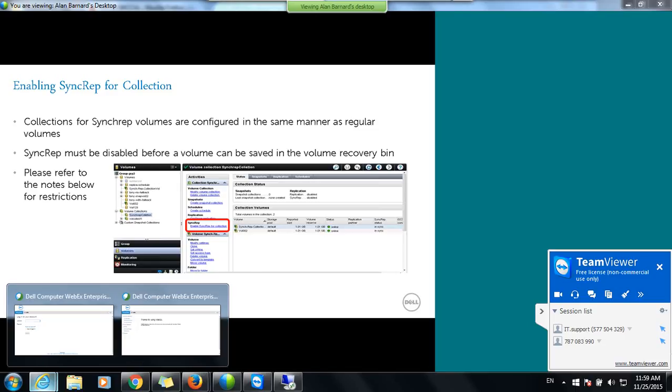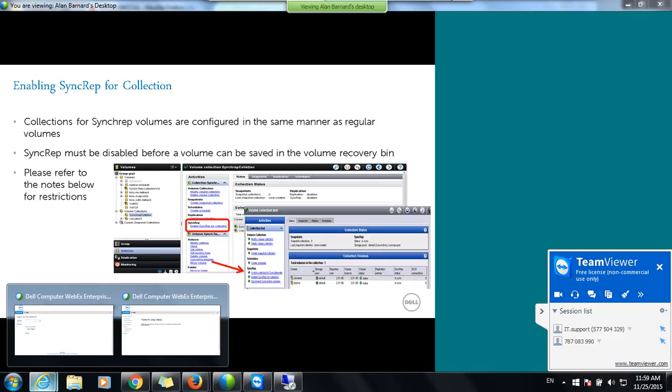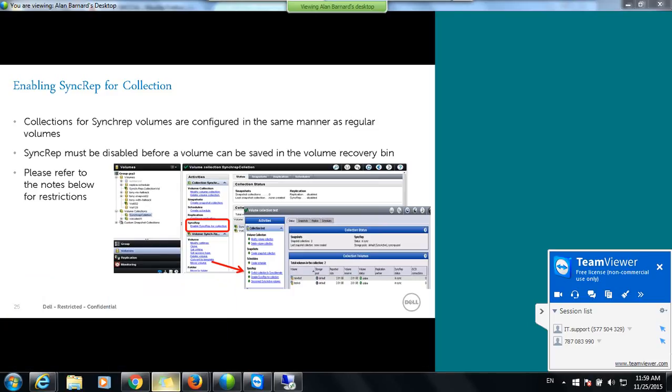What are the restrictions? This is how to show if you have your sync rep collection. You will see your two volumes in here.